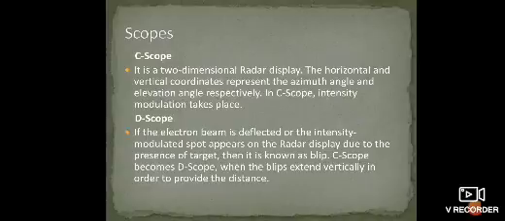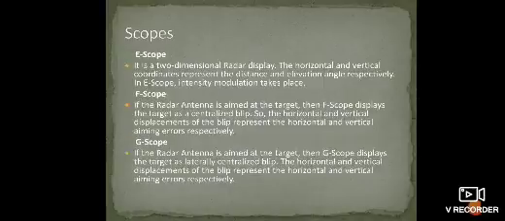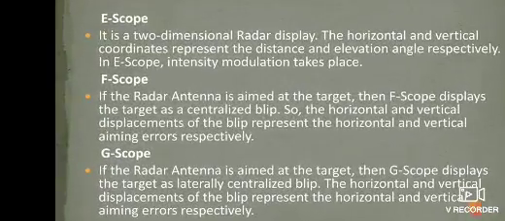So the C scope becomes a D scope when the blip extends vertically. That blip moves vertically, we get a D scope, and it shows the distance. The C scope and D scope have this relation between them. And the next one is the E scope.